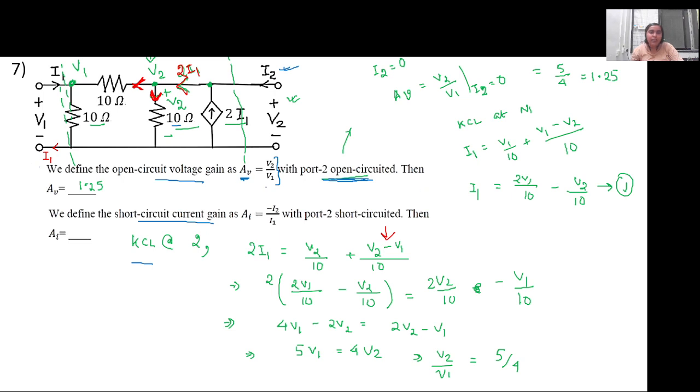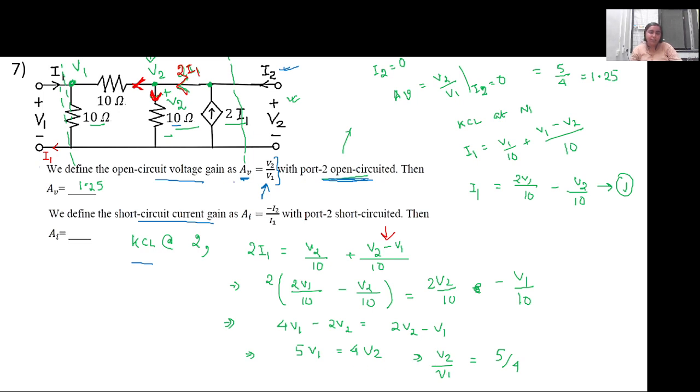Now we only require V2 by V1, so we have to get rid of I1 and I2 from the equations. From the two equations, we substitute I1 into the other equation, and we get one equation in terms of V1 and V2. Then we can simplify it to find the ratio V2 by V1, which is the voltage gain.